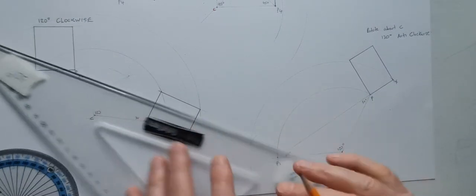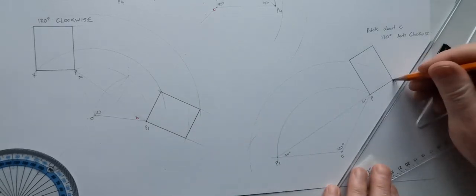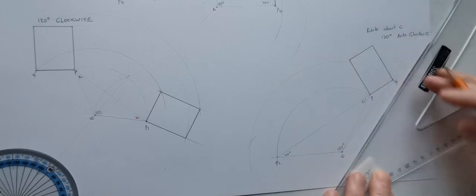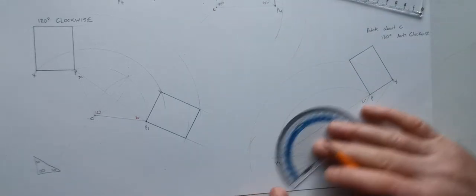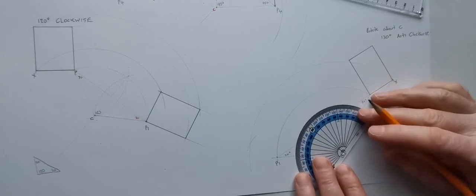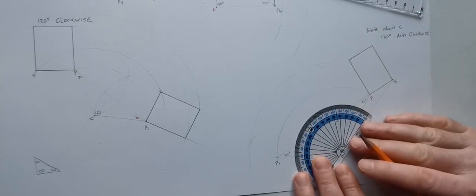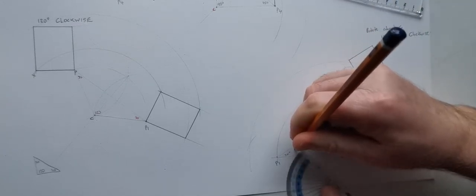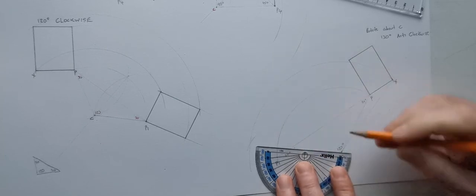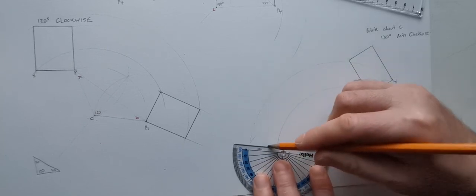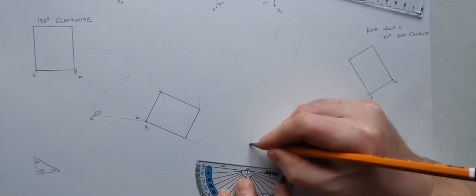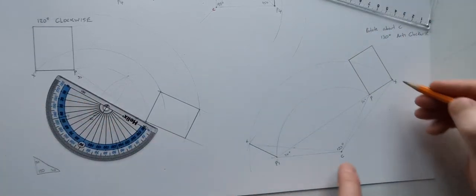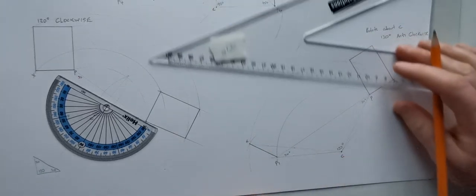But if you weren't certain, another way you could find it is you can join every point that gets rotated through an angle of 120 degrees. So I've just joined X to the center, and I'm going to set off an angle of 120 degrees. And there's X. So that's another way you can join every single point and go off at 120 degrees.